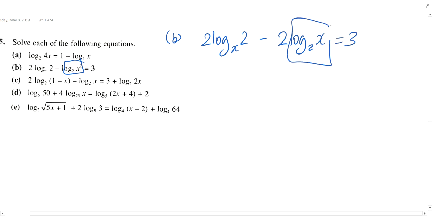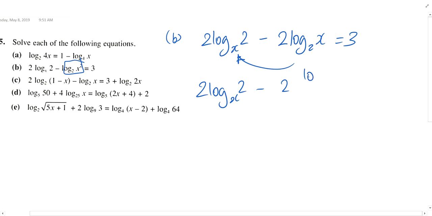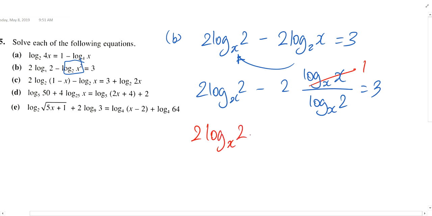Then after that, he wants to change this to base x, so that it will be the same as this over here. 2 log base x 2 minus 2 over log base x 2 equals to 3.